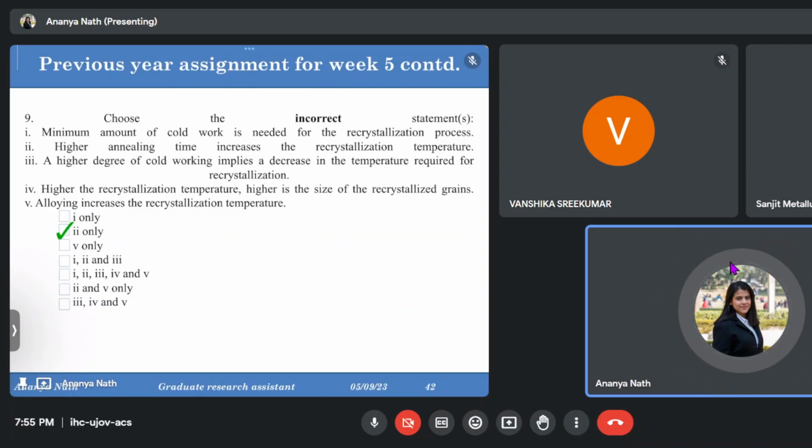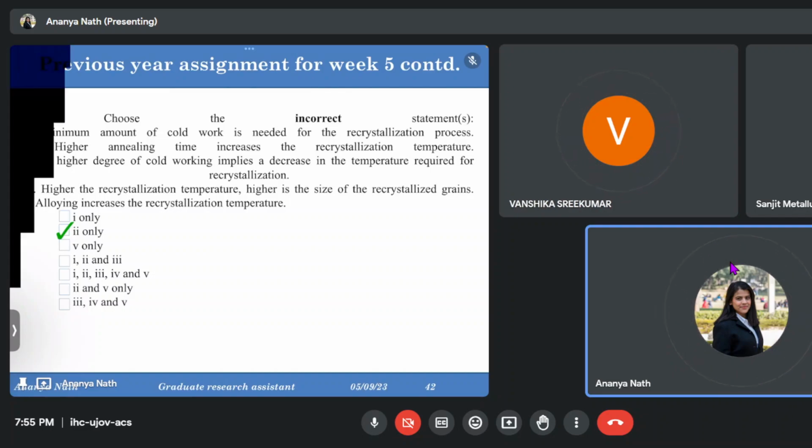In the case of the 6000 series, only Mg and Si were making the precipitates. For the 8000 series, Li was making the precipitates. Although the main alloying element is making the precipitates, there are other alloying elements also present inside the material, and not in very minimum amount. They are also with a comparable percentage.